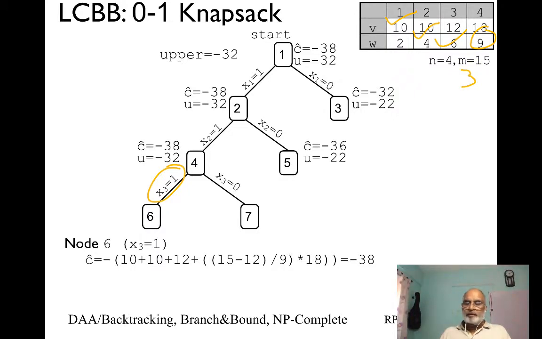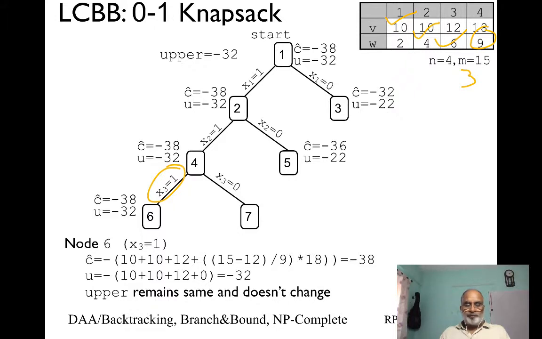And so if you look at my cost and my upper bound will not change for node 6. If you look at in this way, anytime I take x value is equal to 1, my cost and upper bound remains whatever my parent is, because that node would have been included, we are not changing. So value for this remains my 32. This is what we do. And since my upper bound is minus 32, which doesn't change, so we are fine.